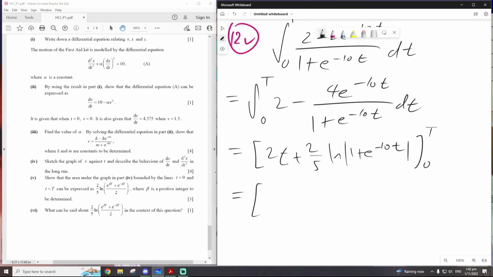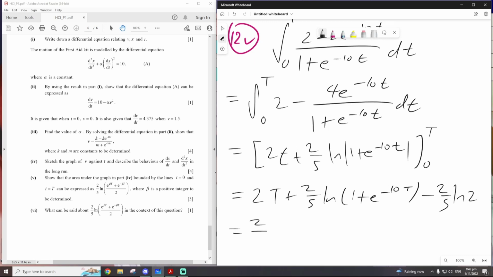So you'll get 2T plus 2 over 5 ln(1 plus e^(-10T)). And when we take the 0, the 2t is 0. 1 plus e^0 is 2, so you will get minus 2 over 5 ln 2. But we need a single ln term. How do we do that?